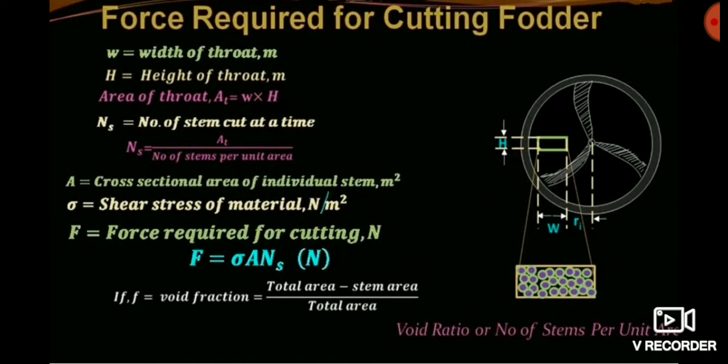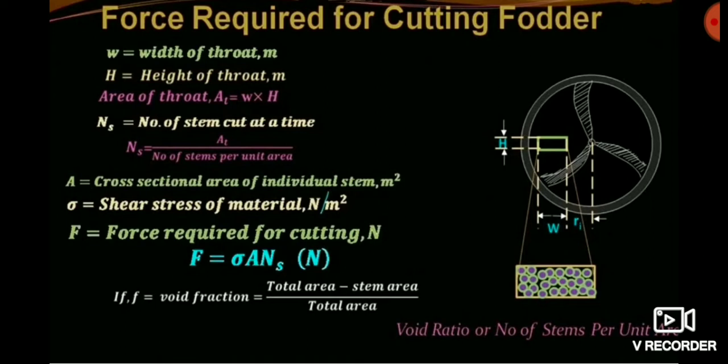Friends, Ns is the number of streams of cut at a time, means how many streams of cuts are present at a time. Sigma is nothing but the shear stress of material, and A is the cross sectional area.